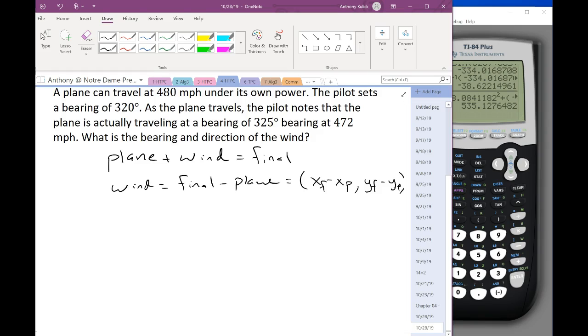Everybody okay with this idea so far? So, what part of this information is the final? That information is our actual result. That's what the plane is actually doing after it's taken off and encountered some wind, right?